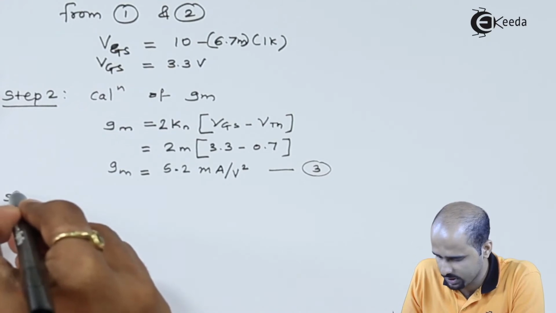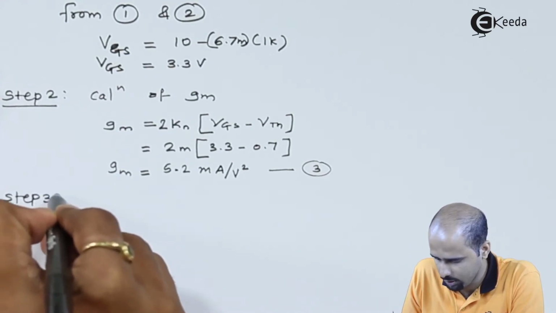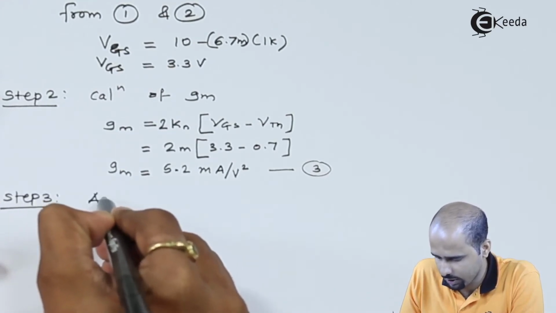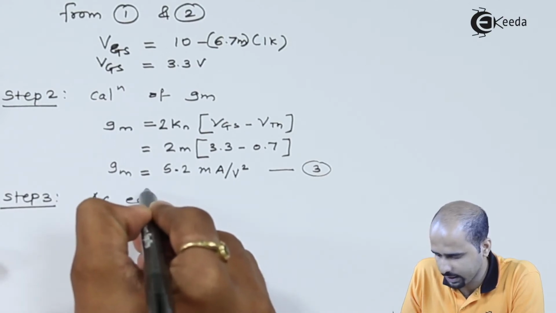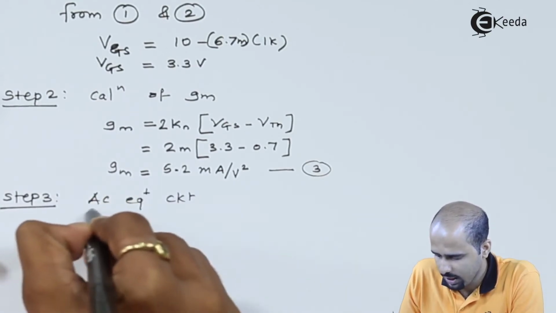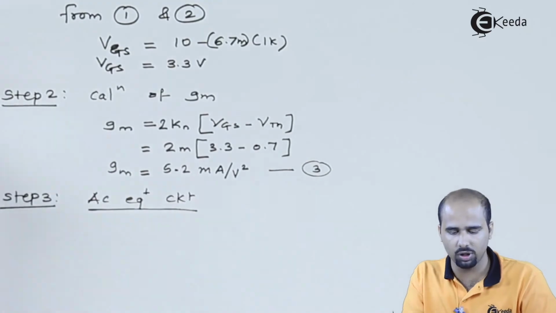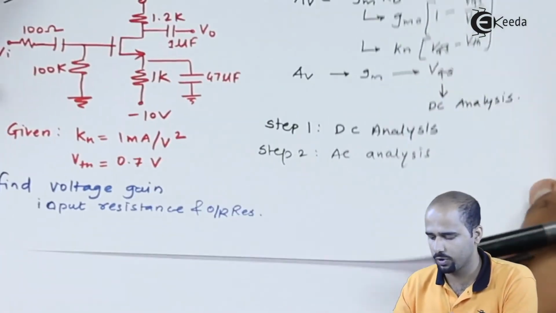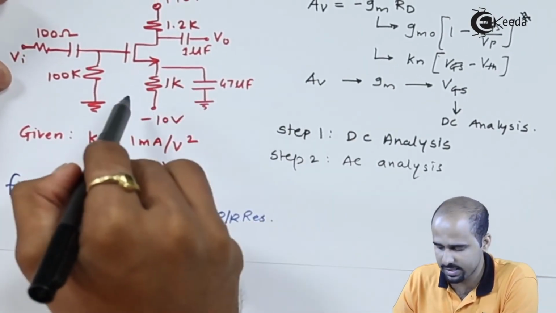So we'll move towards step number 3, the AC equivalent model. We'll directly draw the AC equivalent model, as I know that this particular given circuit has a bypassed capacitor in CS mode.